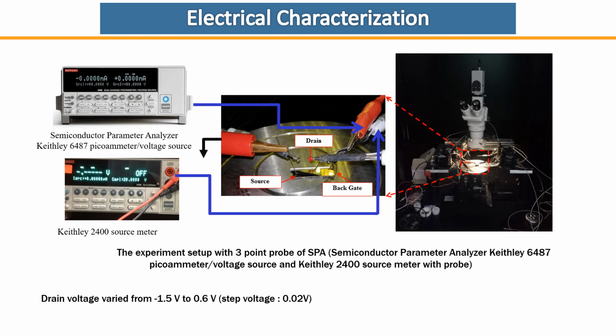These instruments were paired with specialized probes to facilitate our measurement and analysis. The 3-point probe configuration allows us to accurately assess and measure the characteristics of our semiconductor materials. Our goal of analyzing the semiconductor properties was made possible in large part by this configuration, as you can see in the slide here.